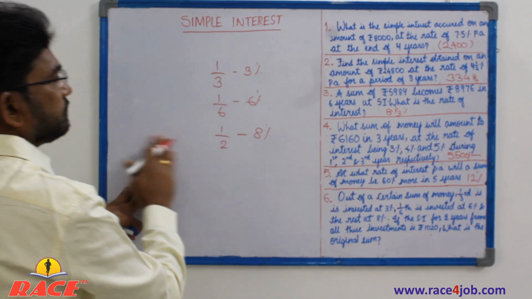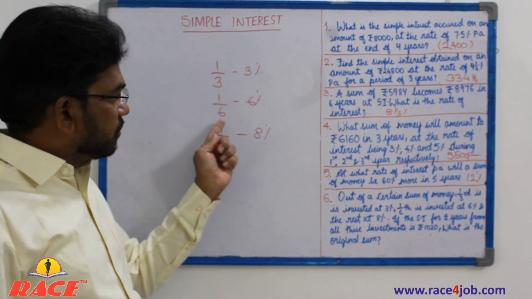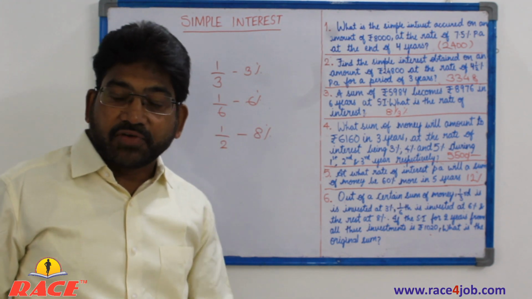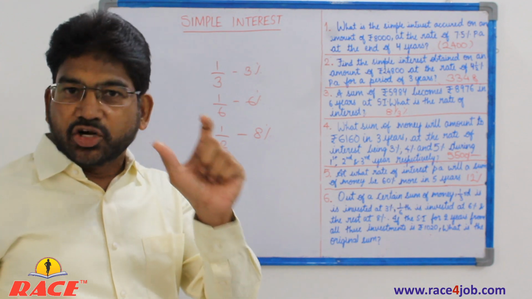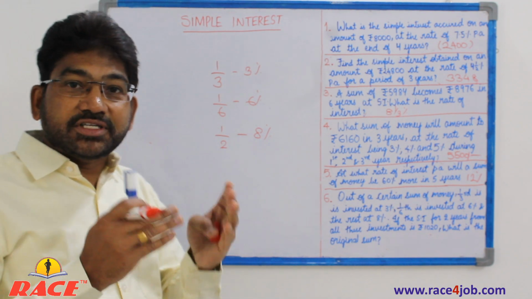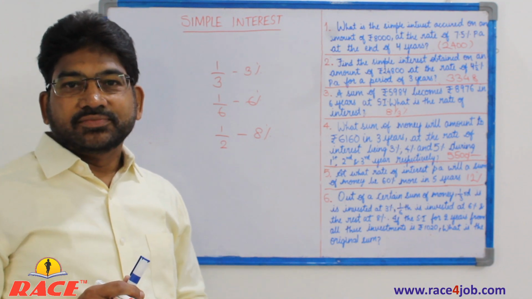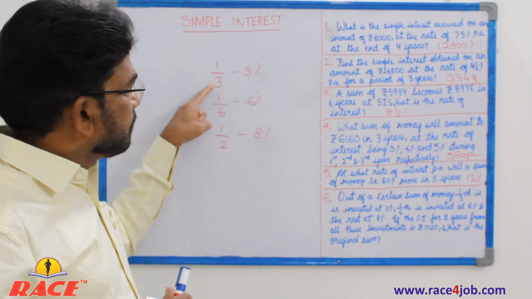That's it. Okay. Out of the total money, 1/3 is at 3%, 1/6 at 6%, half at 8%. Fine. What is that money? We have to assume. If you take 100 rupees, 1/3 comes in fractions. So you assume a number that is divisible by 3.